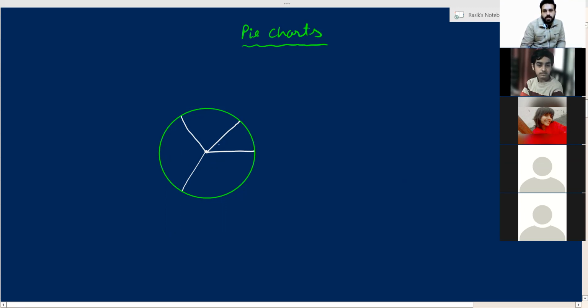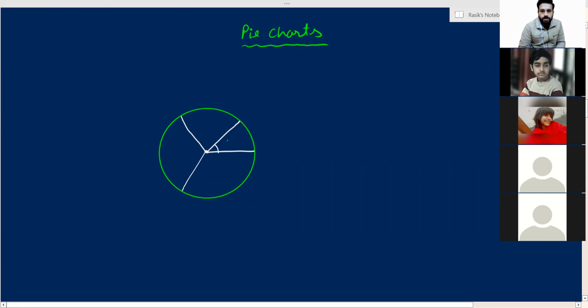4 sectors are there. So first sector is, suppose you all must have seen in these days the elections are about to be conducted in our state. So these days, if you open the news channel, very often you will see these pie charts. These will show you how many seats a particular party is going to win, or what percentage of votes they are getting. Okay.